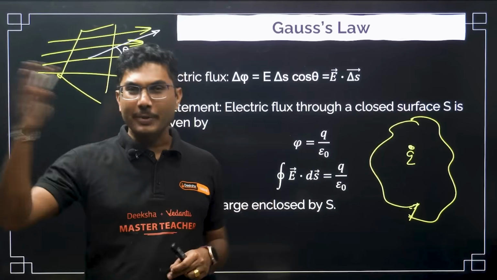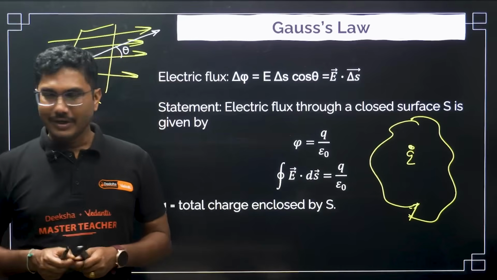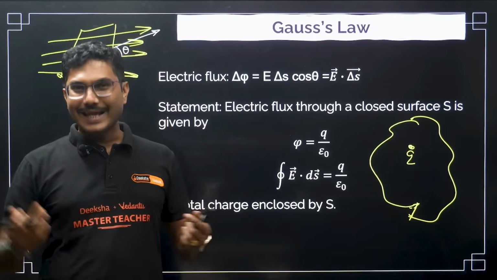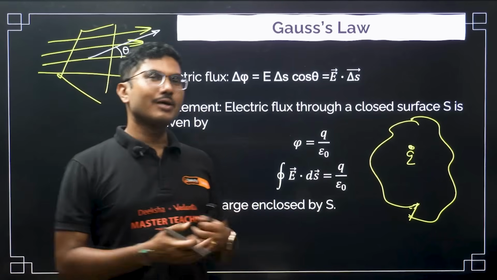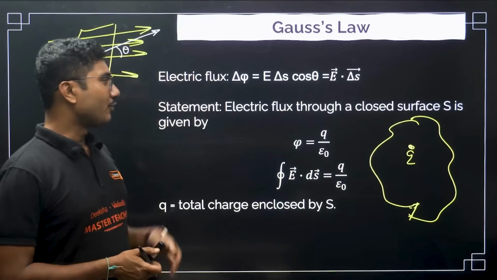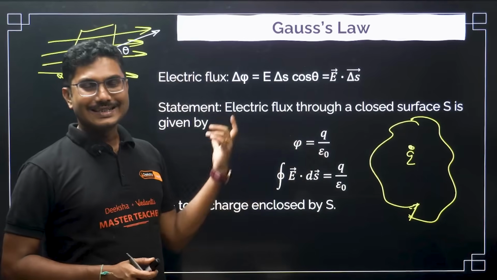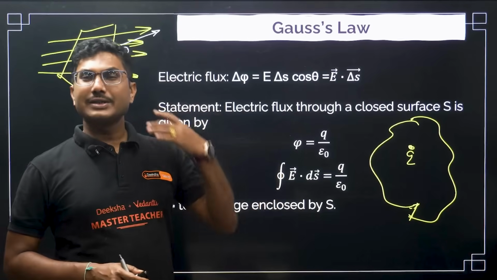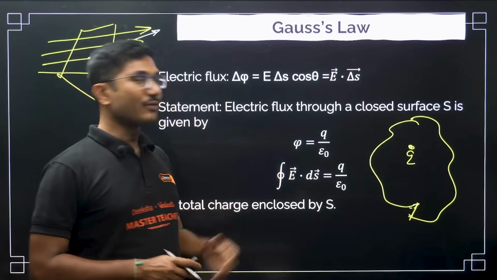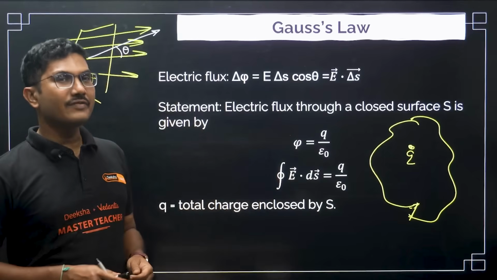It cannot go out automatically, unless there is a break in the pencil box. If there is a break in the pencil box, it is no longer a closed surface. So for a closed surface, this is the formula for electric flux. From this formula, for a symmetrical surface, you can calculate the electric field very easily.